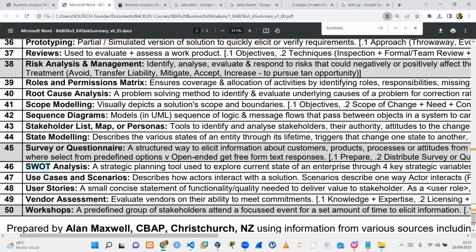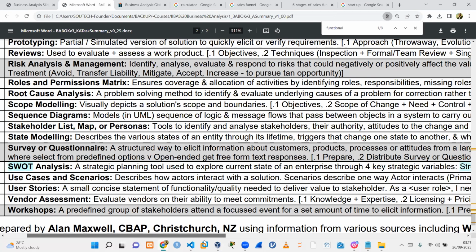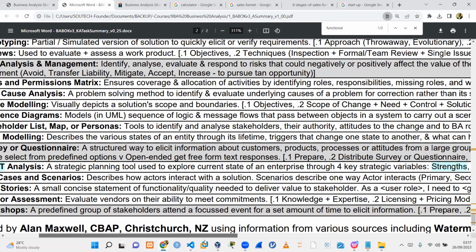Now, we normally say a survey or a questionnaire is a set of questions given to different persons, right? A survey or questionnaire is not a set of questions where different persons have different questions. No, you have a set of 10 questions, a set of 15 questions, and you can send it out to people.